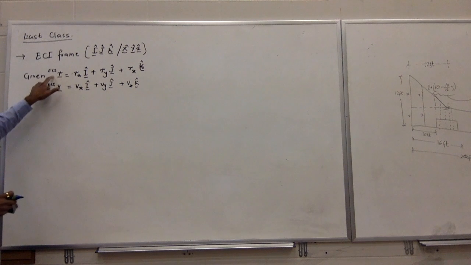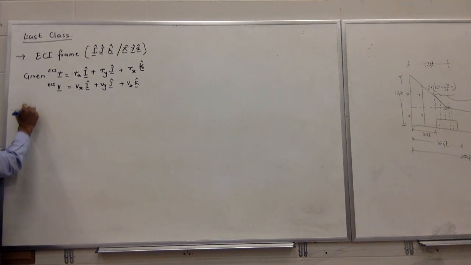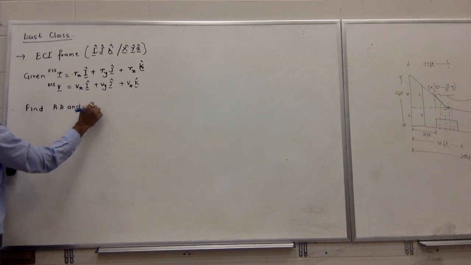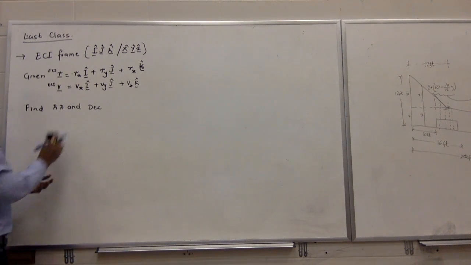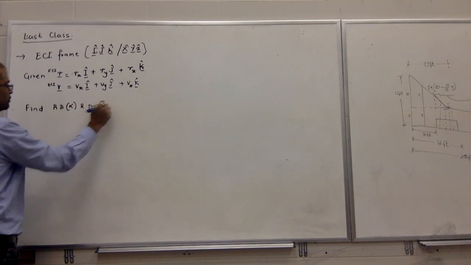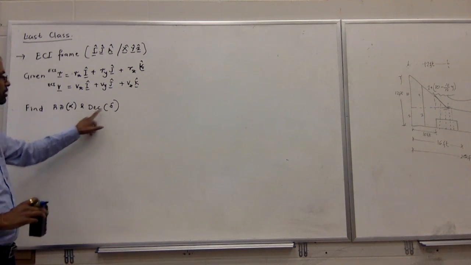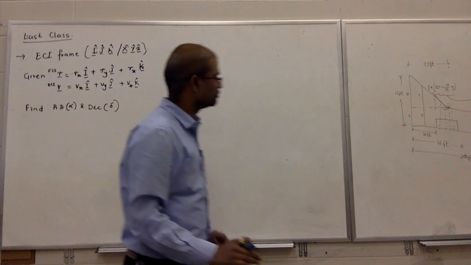Now you're given R and V, and you're required to find the right ascension and declination.